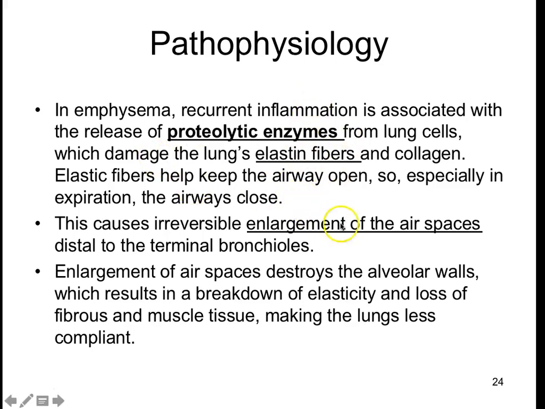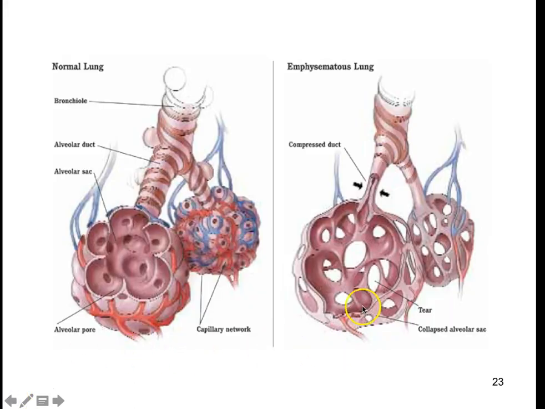Now, this enlargement of the air spaces, I'm going to show you in a second, but let's show you what's going to happen as far as, see the alveoli, they should have shown a macrophage in here. They didn't, bad people. But the reason why these are so holy and destroyed alveolar sacs is that that's where they start. The proteolytic enzymes are released here.